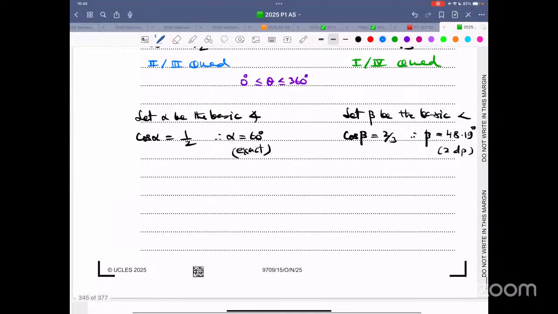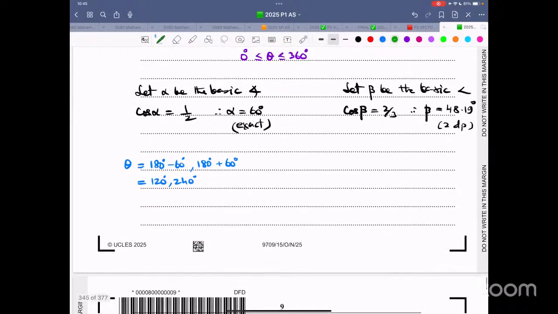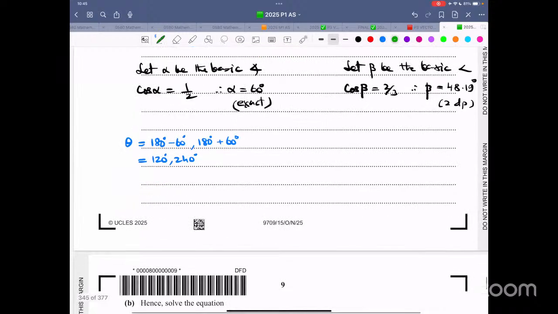So the blue angle, so theta equals to second quadrant. That is 180 minus 60 degrees. Third quadrant, 180 plus 60 degrees. That is 120 degrees. That is 240 degrees. Good enough. And over here, the green ones, first and fourth. So theta is 48.19 degrees and 360 minus 48.19 degrees.